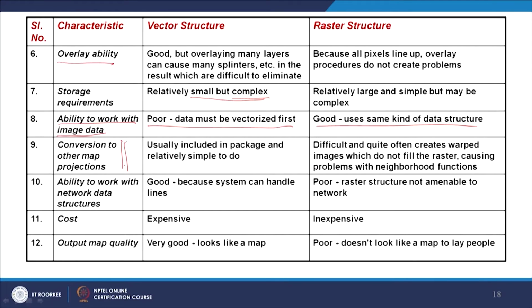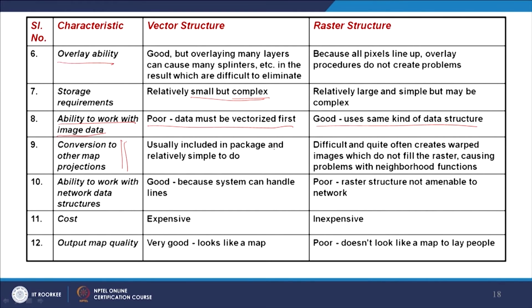Hundreds of such projections have been implemented in GIS, but all of them are not fully transparent. If I have to convert my data from one projection to another, especially vector data, then generally it is quite smooth and I can do it very easily.